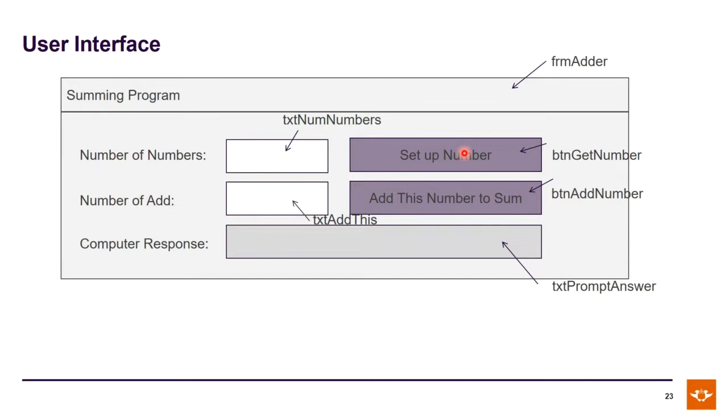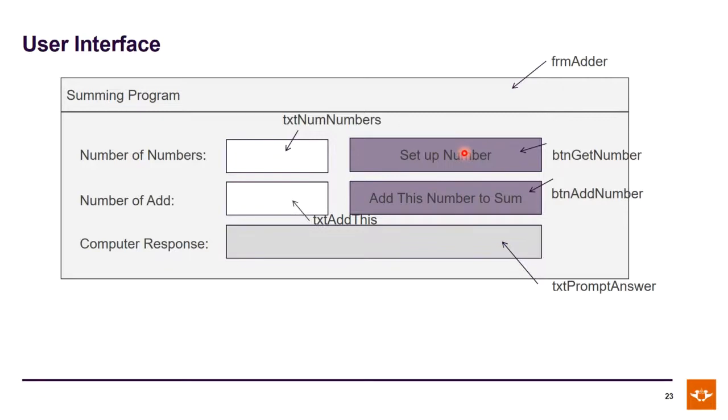Then Visual Basic can go, cool, I'm ready. You told me this is how many numbers to add up, and so I will prepare this program in such a way that I'm ready to accept so many numbers you specify. Does this make sense? Because if you don't have that, then this program's like, oh, I don't know how many numbers you want to specify. Right, so the first button is easy.